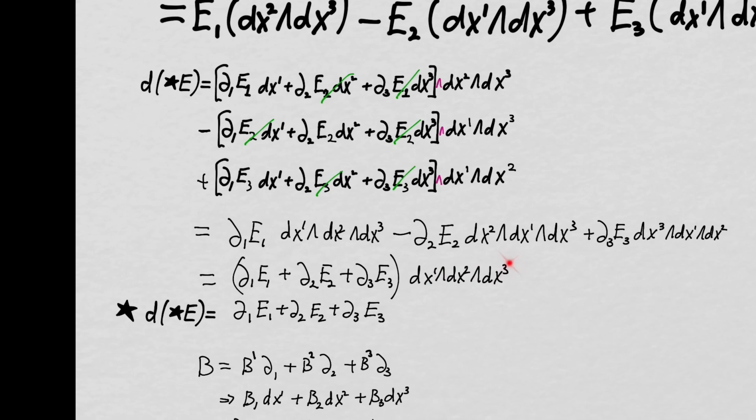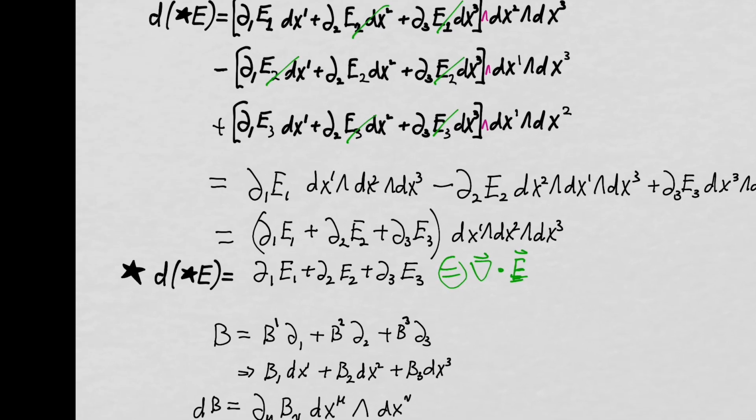That's easy: we just take the Hodge dual of this object, and that takes the 3 form and gives you a 3 minus 3 form, which is a 0 form. So we're interested in the Hodge dual of the exterior derivative of the Hodge dual of the electric one-form field, and we end up with something that exactly equals the divergence of the Gibbsian vector field E. And that is an equality. Phew, that's really interesting.